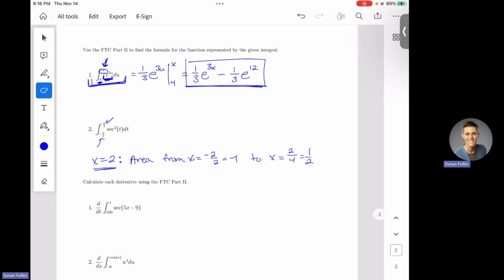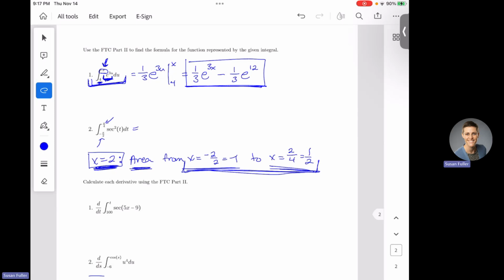So I'm picking one x value, and that affects both the bottom and the top bounds, but I still get an area out of that. It's just harder to figure out exactly what my interval looks like, because both bounds are changing based on that x value. But that concept isn't going to change how we evaluate this. This is still an area function where when I plug an x value in, I get an area out.